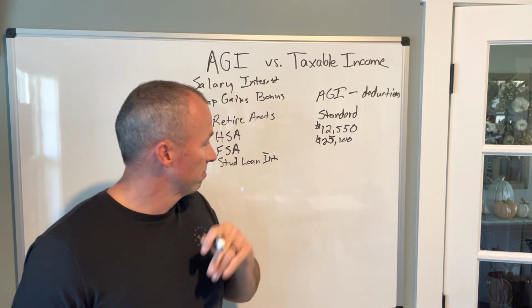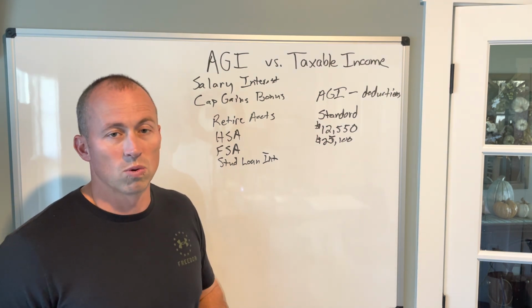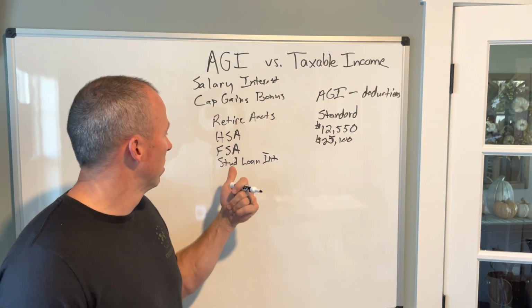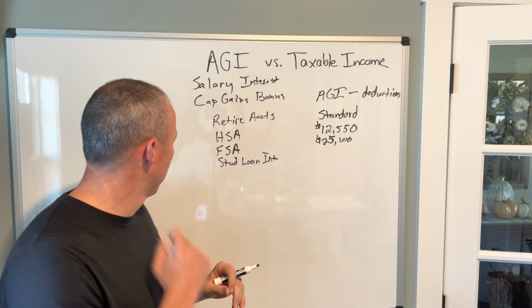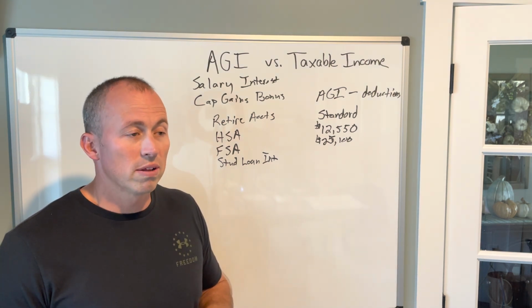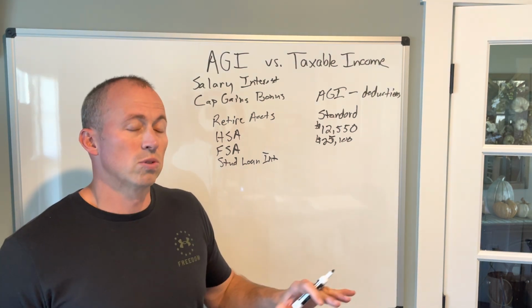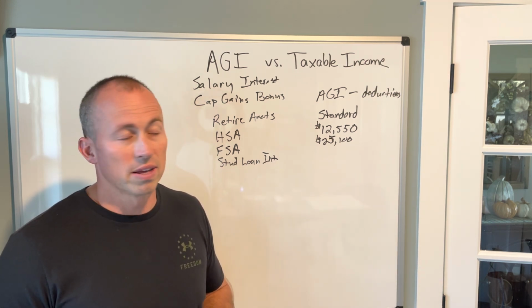HSA, health savings account, FSA, flexible spending account, contributions to those lower your adjusted gross income. Student loan interest, you can deduct that from your AGI. Then contributions to IRAs, okay? If you qualify, you can contribute to an IRA and then deduct it. That lowers your AGI, okay?